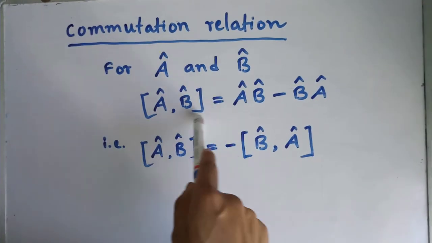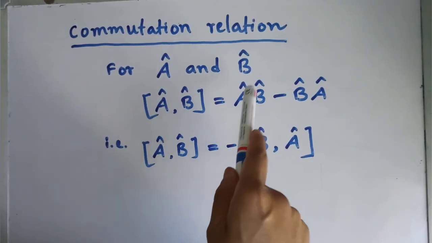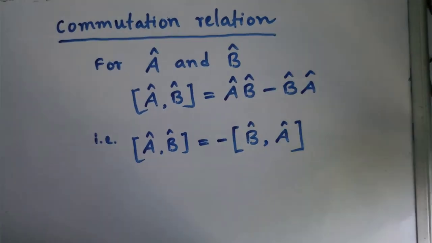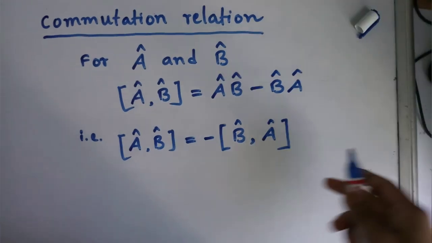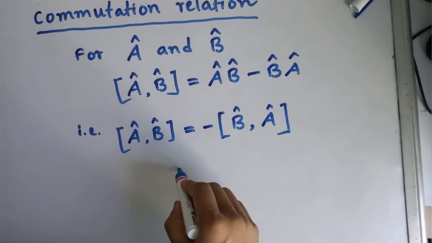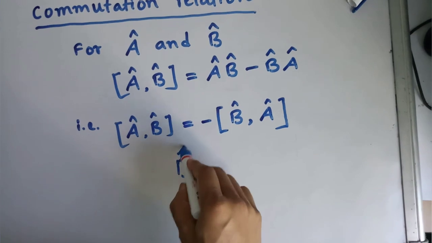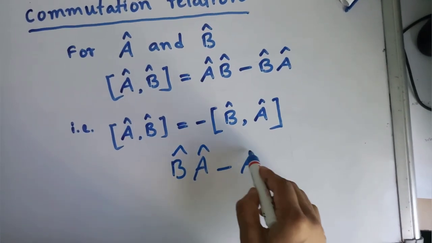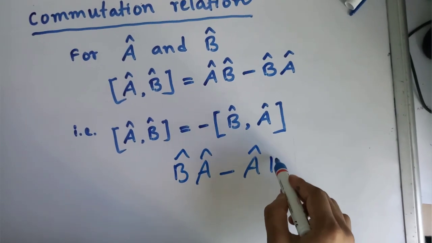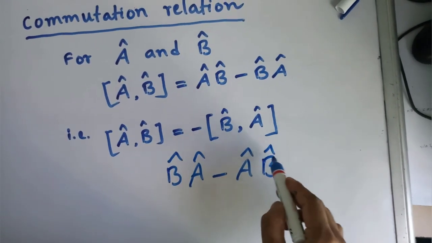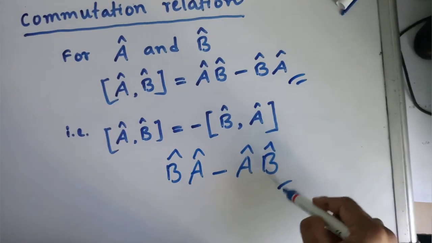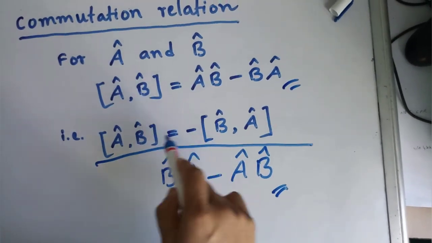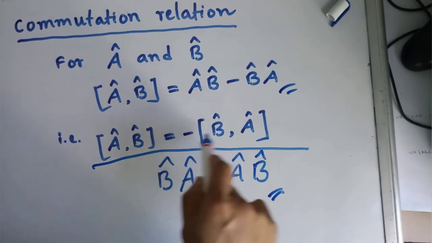If you write the same relation for B cap and A cap, it will be B cap A cap minus A cap B cap. So comparing these two equations, you can easily write this equation. They are negatively related.